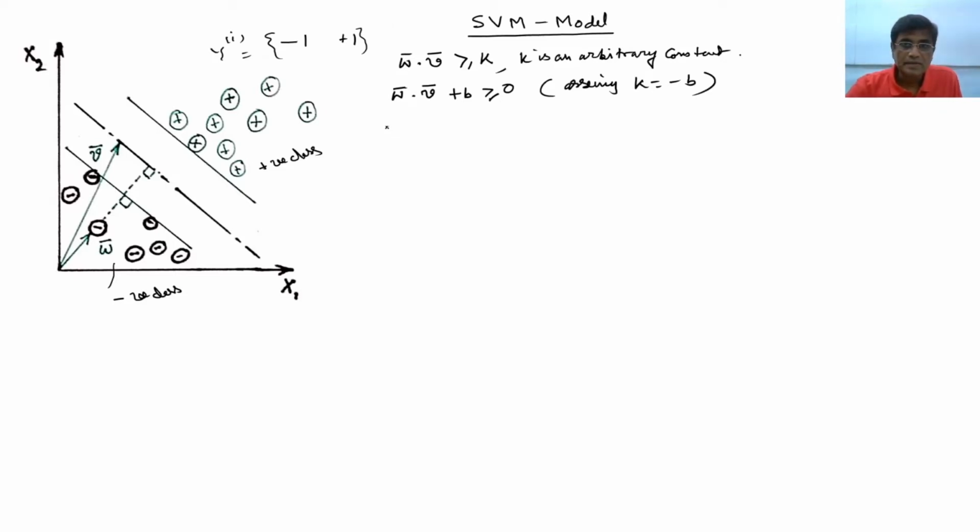So you see, if now this dot product is greater than or equal to 0, then my classifier will decide it is a positive sample.